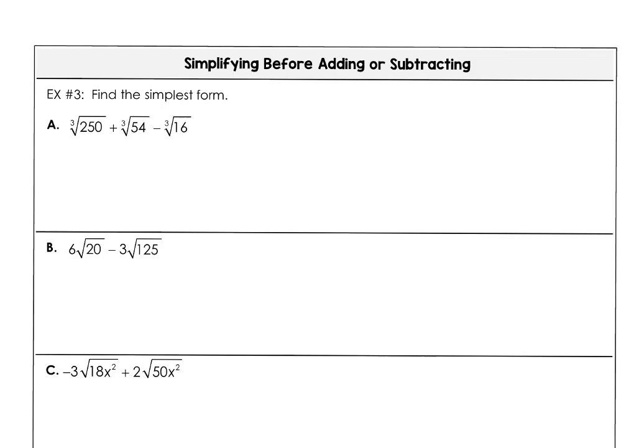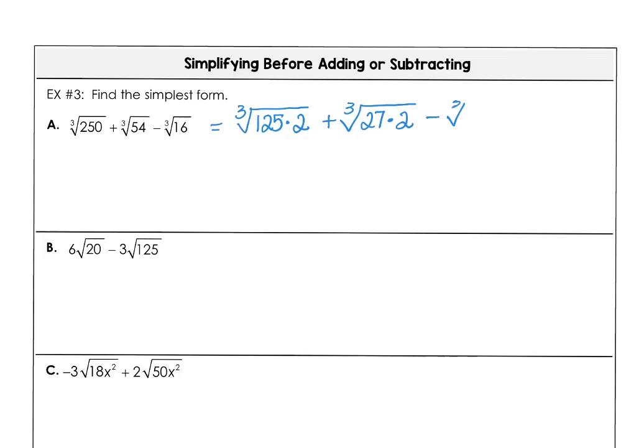Looking at example 3, we want to find the simplest form. So the simplest form with the cube root of 250, I'm looking for something common to 250, breaking that down into sets of factors. We could say 125 times 2 is 250. And thinking about the cube root of 54, we could say that 27 times 2 would give us 54.